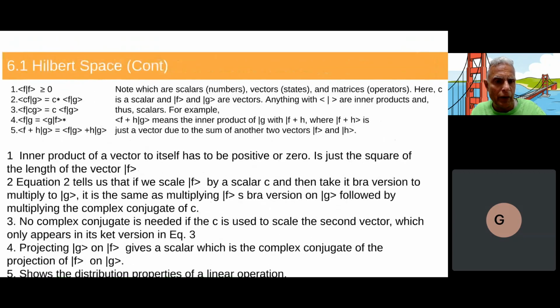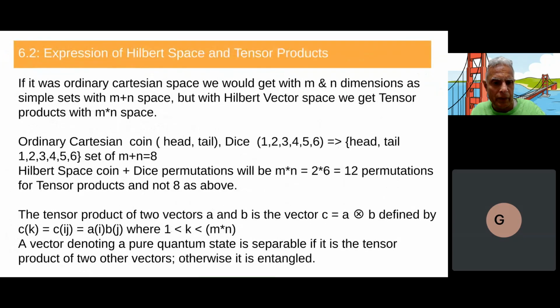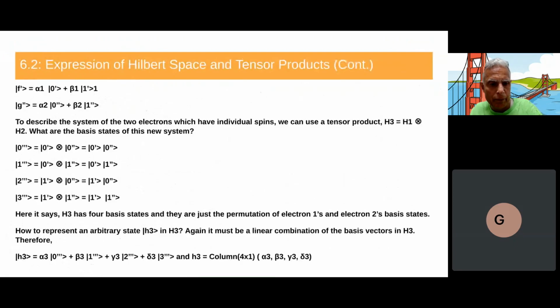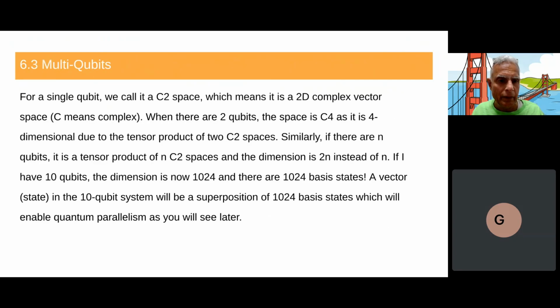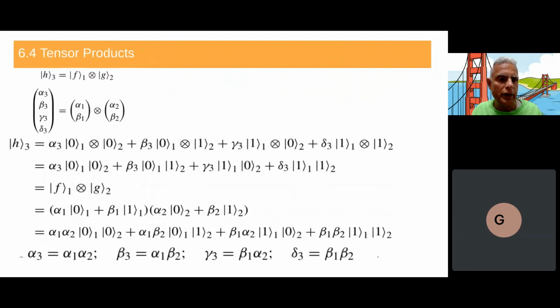We represented H3 here at the lower end as a column vector, where col is equal to column. Now this can be taken as the two spins of two electrons, alpha 1 and beta 1, and alpha 2 and beta 2. That is the representation here.